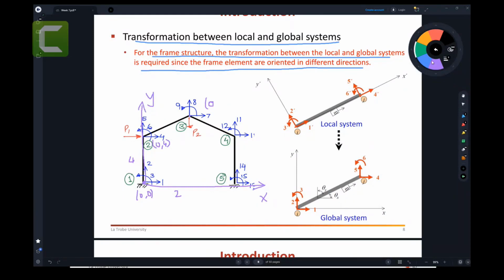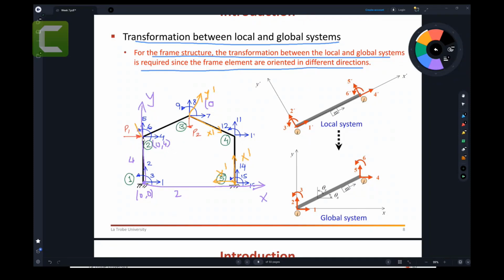Now for local systems, each member has its own system. For example, this one has a local system, represented by X dash and Y dash. So each element has its own local system.